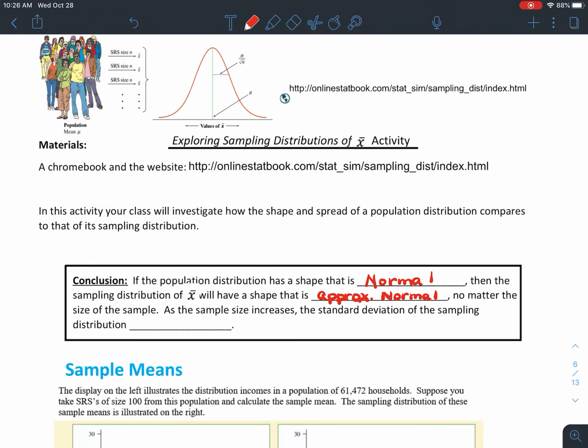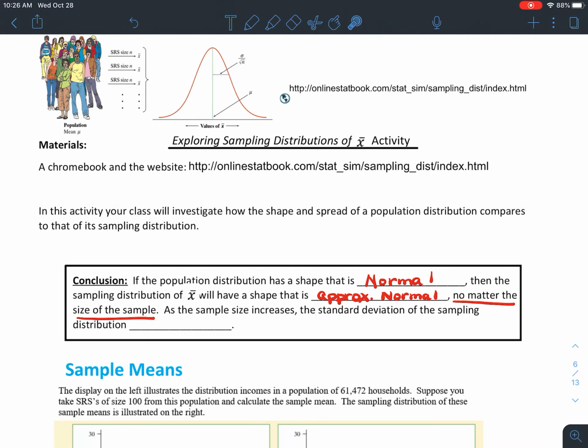If the population's normal, the shape of the sampling distribution would be normal, and that does not matter at all what the size of your sample is. It could be small sample sizes or large sample sizes, as long as it's consistent when you're doing a sampling distribution. When you're pulling it out of a population that has a normal shape, you can expect the shape of the sampling distribution to be approximately normal.